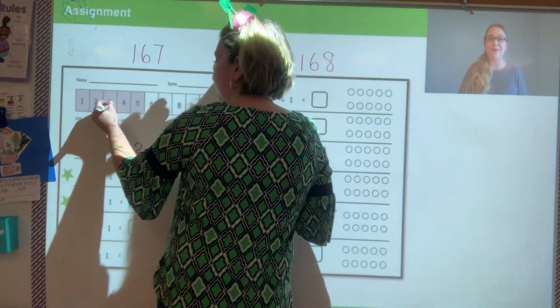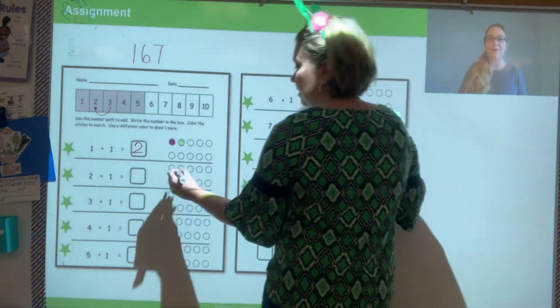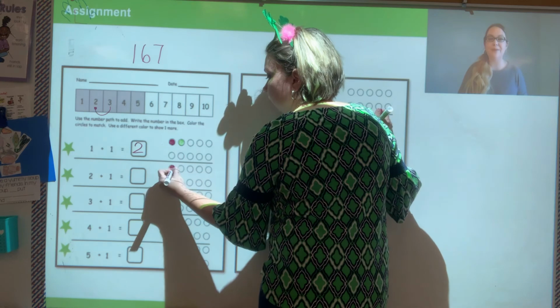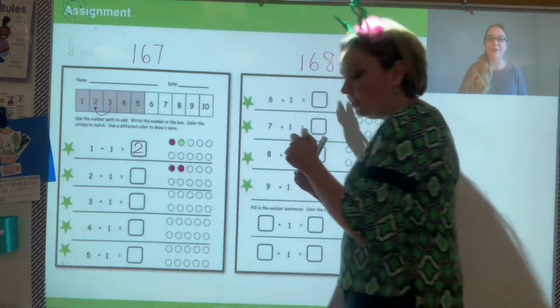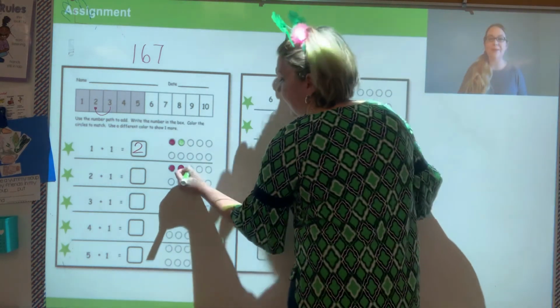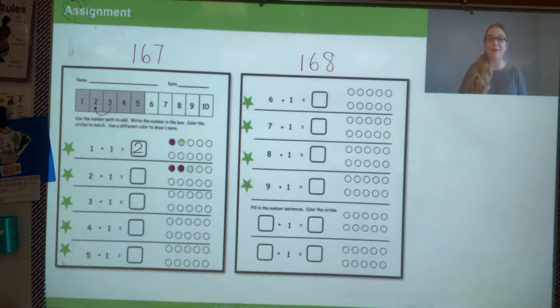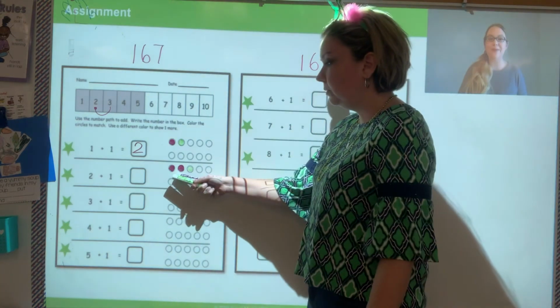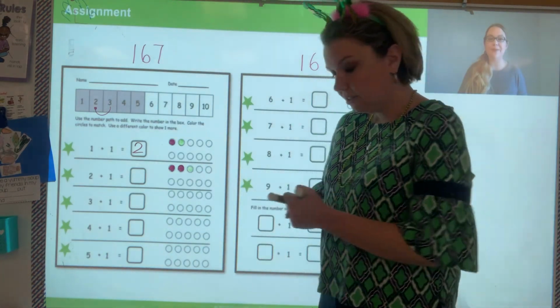So I'm going to go over 1. I landed on 3. So I'm going to color in my 2 circles purple. You can mute your microphone now, Smriti. And the 1 that I added, I'm going to color him green. Now I have 2 plus 1 is what? 3.